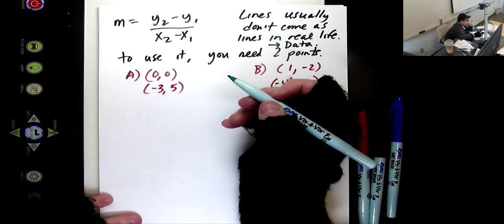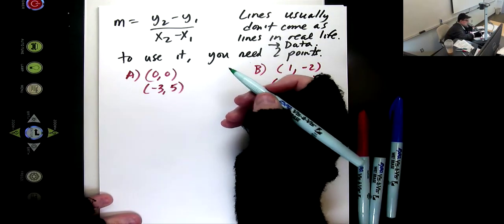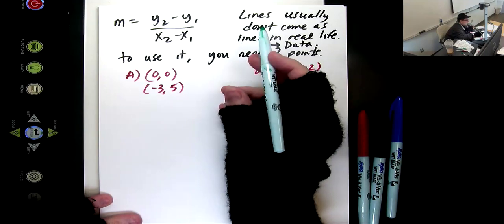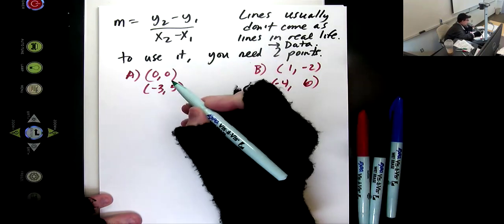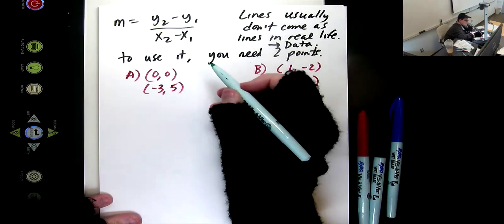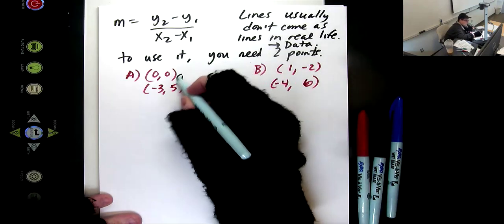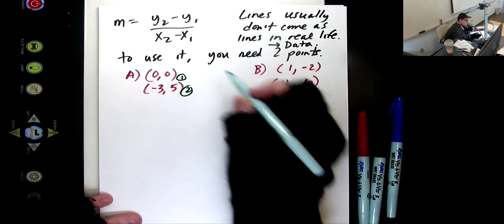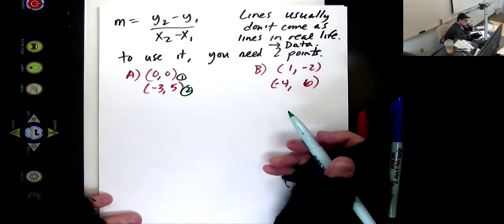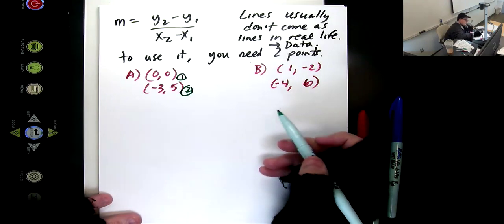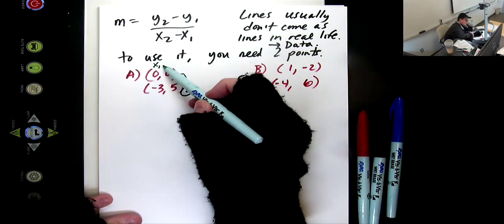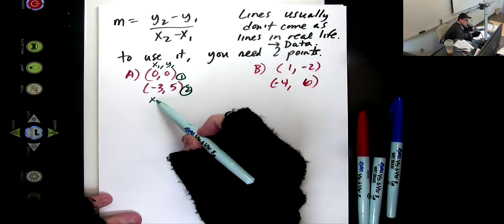So it doesn't matter which one you pick to be point 2 and which one you pick to be point 1. Both ways will work. I'm going to illustrate this on this first one. I'm going to call that one point 1 and call this point 2. So this is like x1, y1, and x2, y2.